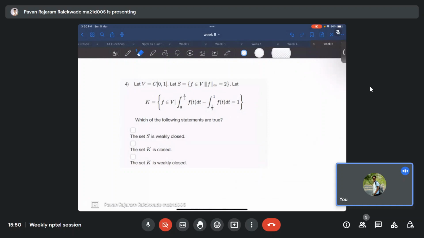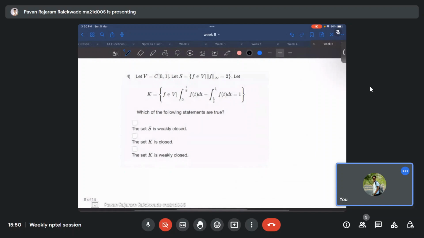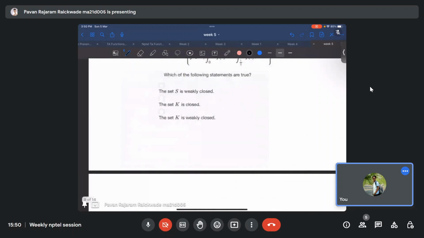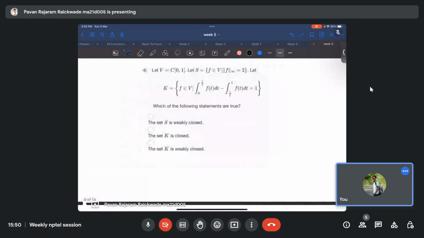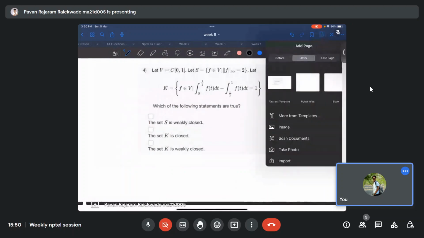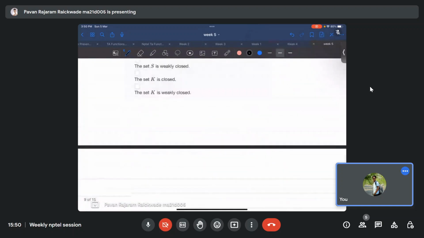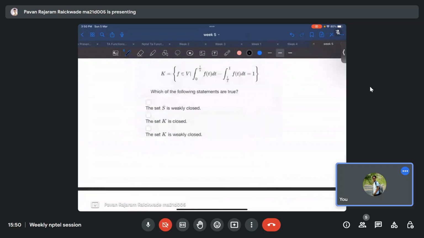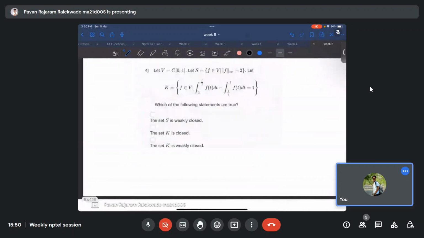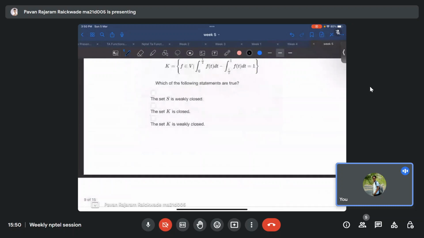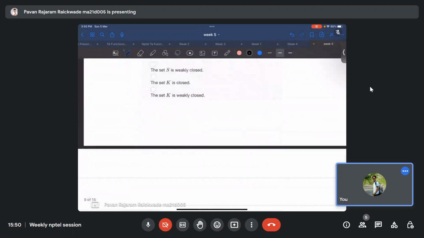Which of the following statements are true? So, what do you want? The first option says that S is weakly closed.